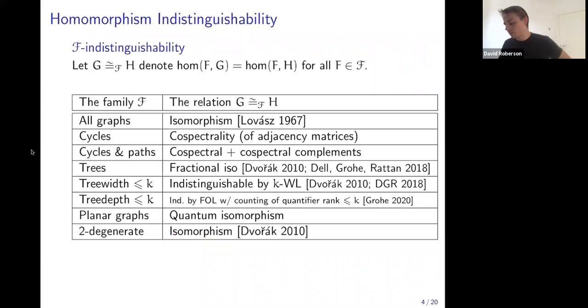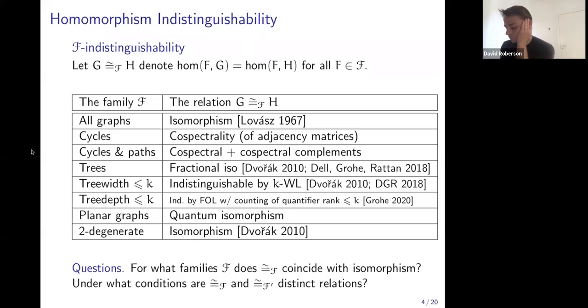Now, I think some questions are natural to ask here. So, like, maybe you could ask, well, for which families F does this relation already coincide with isomorphism? Right? Obviously, all graphs, and Dvorak showed also 2-degenerate graphs.